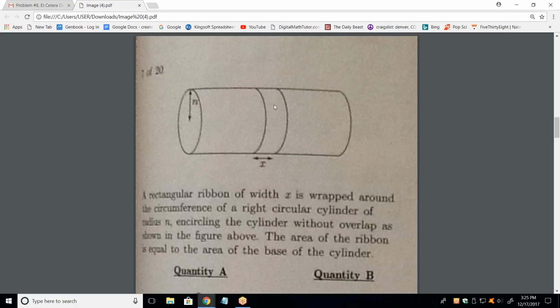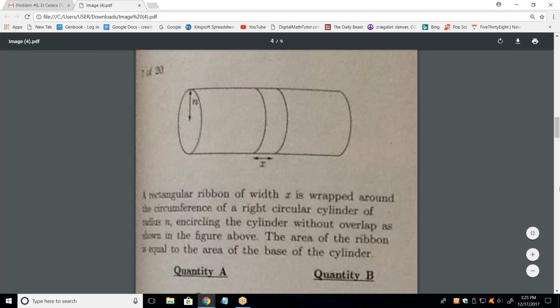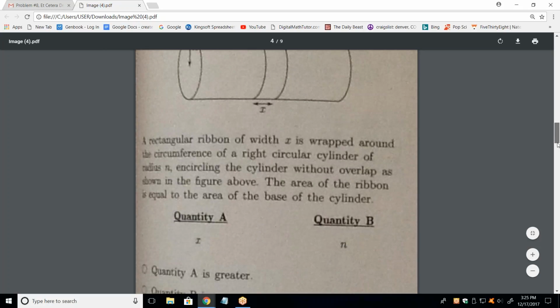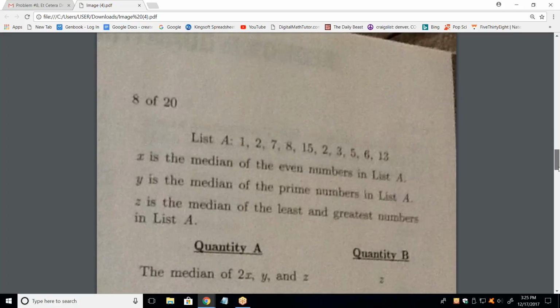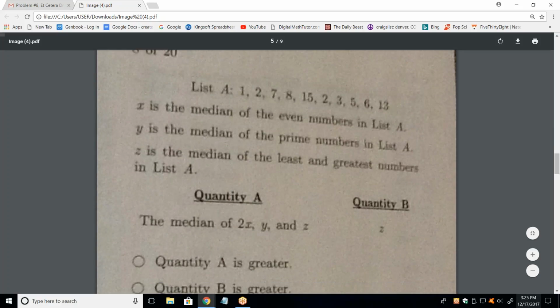And the height of that rectangle is 2 pi r, the circumference of the cylinder. So that's definitely a good thing to remember. Although I don't know how many times they'll quiz you on that, that's one of the more advanced ones.